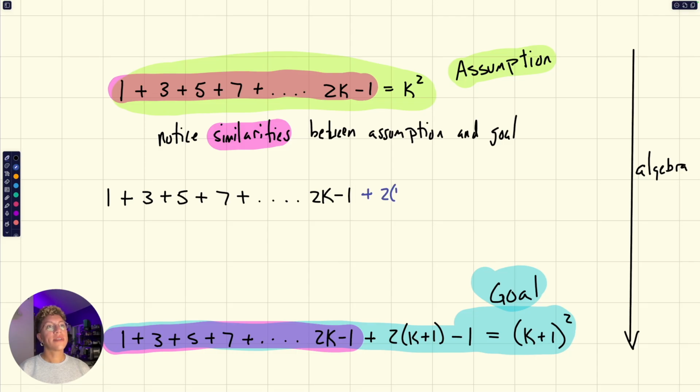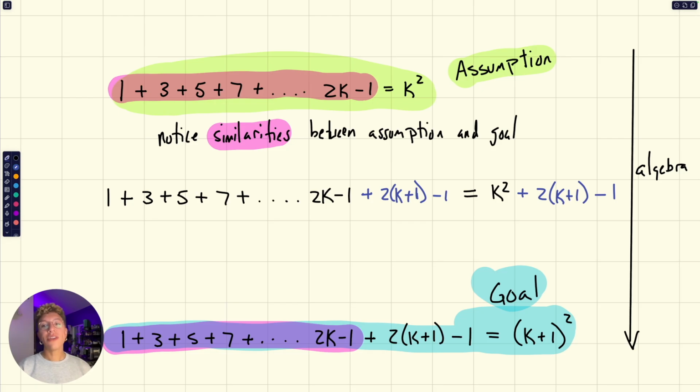So we're going to add 2k plus 1 minus 1 here, and we're also going to add that on the right-hand side. So we're going to have k squared over here, and then this new term, 2k plus 1 minus 1.